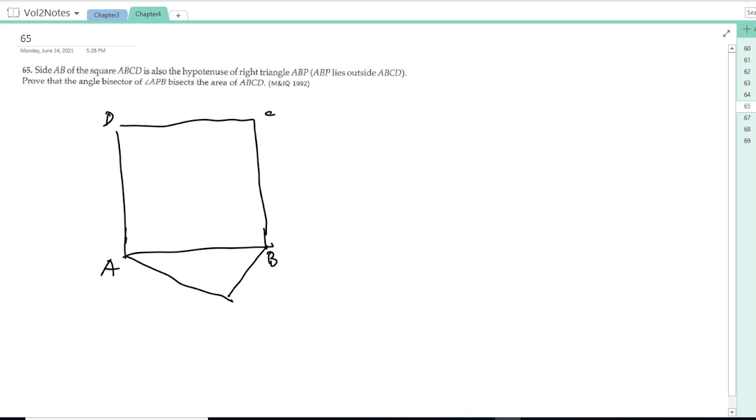So we have P. Then prove that the angle bisector of APB bisects the area of ABCD.